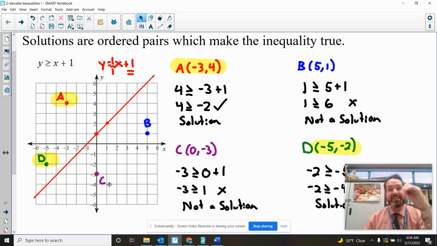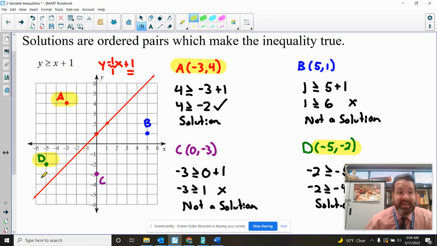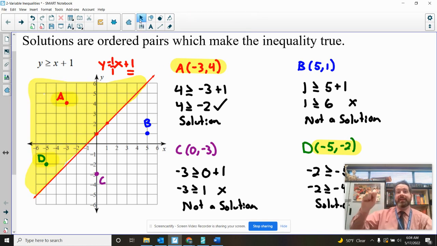It actually turns out that if you have this line graph, and if you know where a solution is, then all of the ordered pairs on that same side of the line will also be solutions. And we represent that by coloring in or shading in one side of that line.